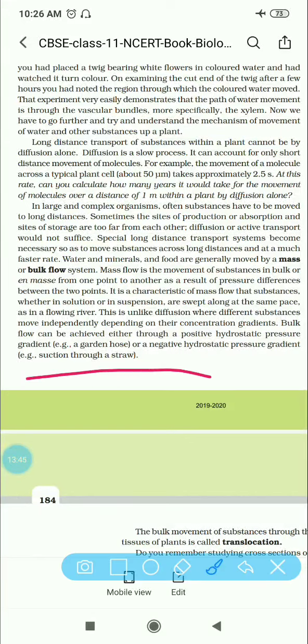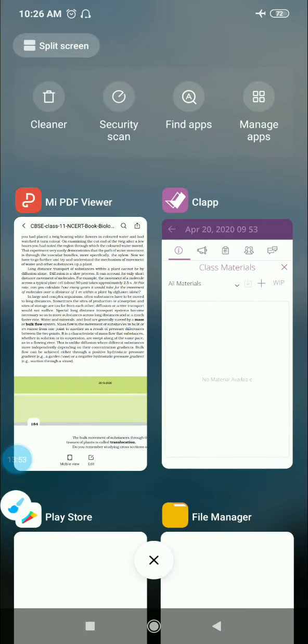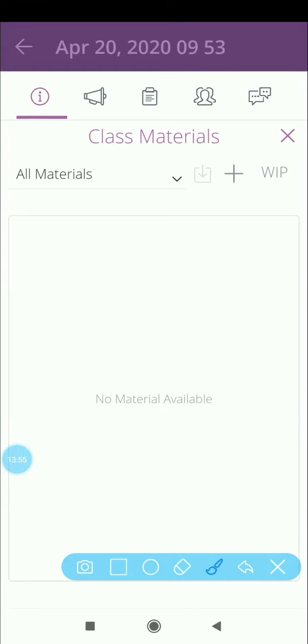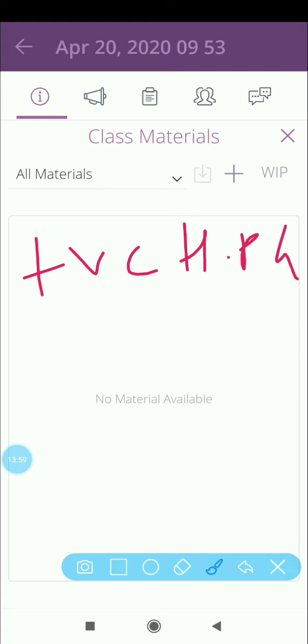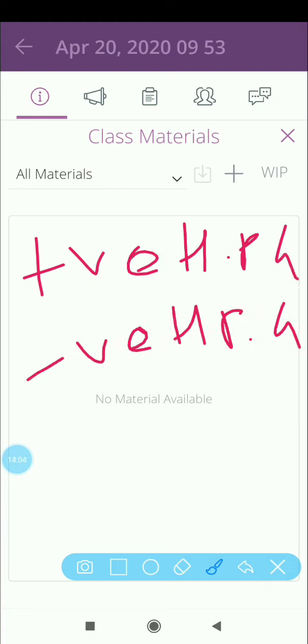I'm just highlighting it. Basically the mass flow is achieved by what we call the positive hydrostatic pressure gradient or negative hydrostatic pressure gradient.